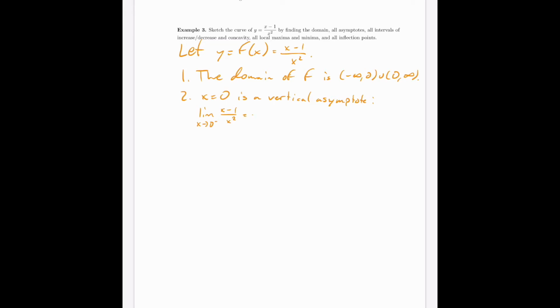Now, I'll let you confirm this, but it turns out that both the left and the right-hand limits at 0 equal negative infinity. So the double-sided limit as x approaches 0 is negative infinity as well.